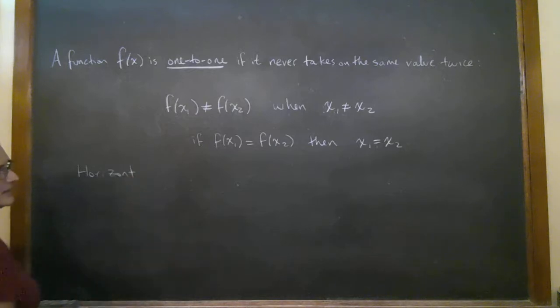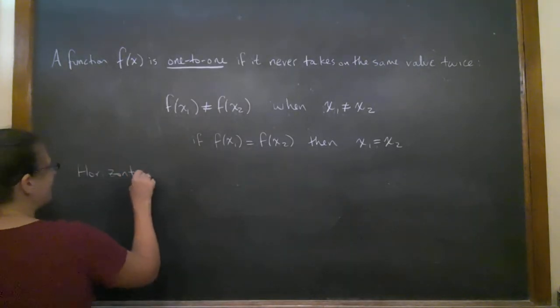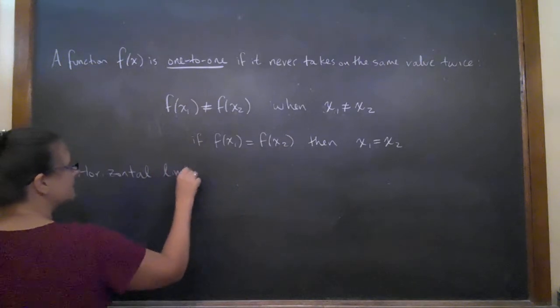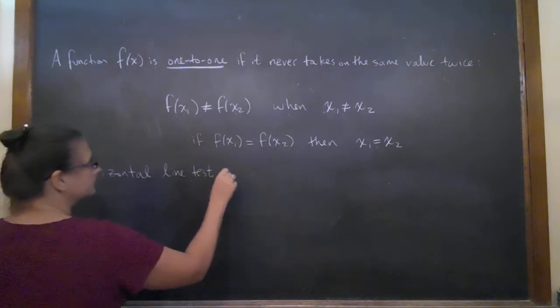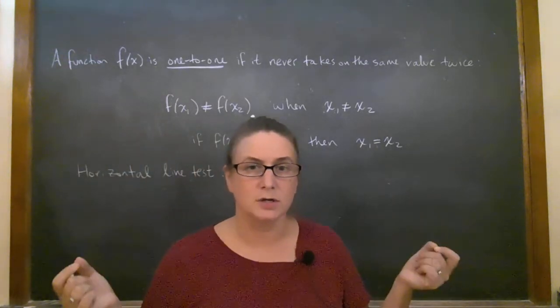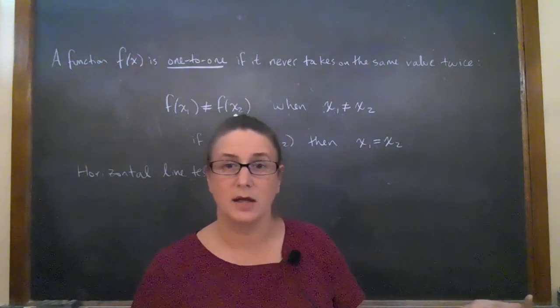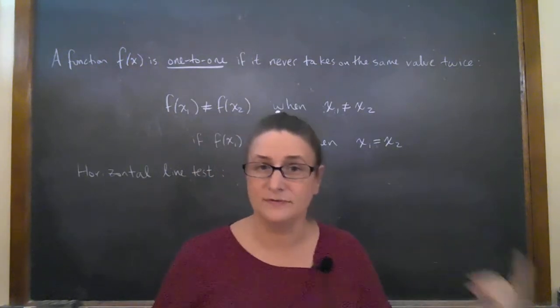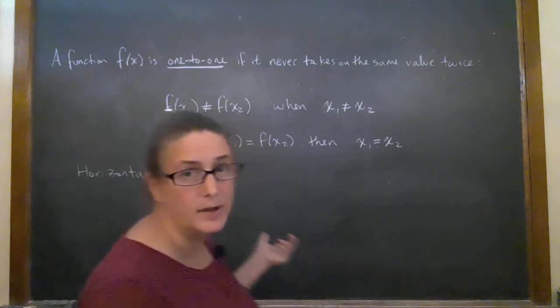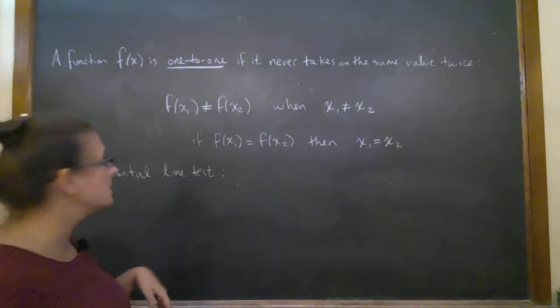The horizontal line test is exactly what I did when I put that 2 thing in there through, right? So my horizontal line test, obviously, if a function has a y value for 2 different x values, a horizontal line that goes through that y value is going to hit the function more than once. So what we have here is basically that statement in a test form.